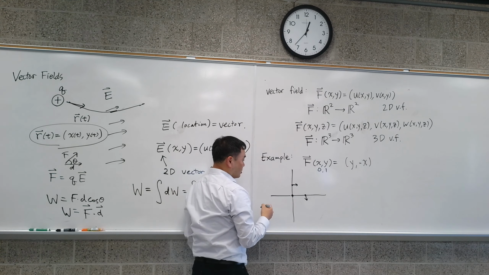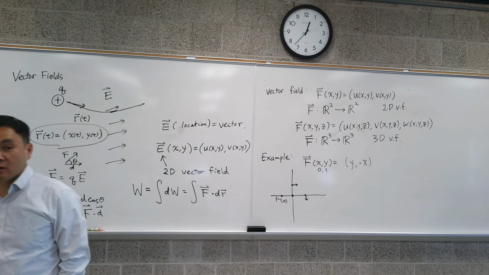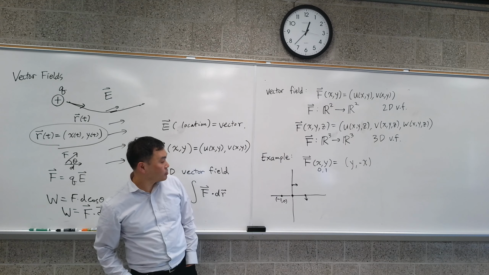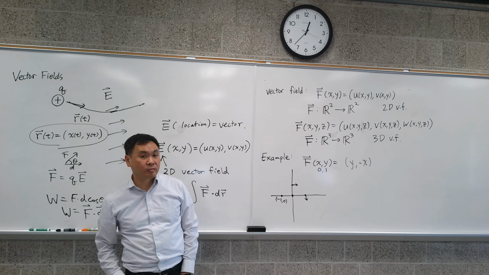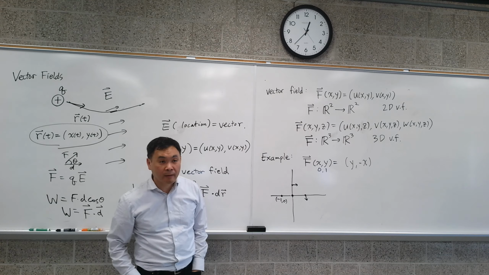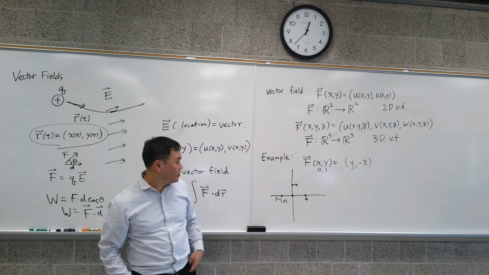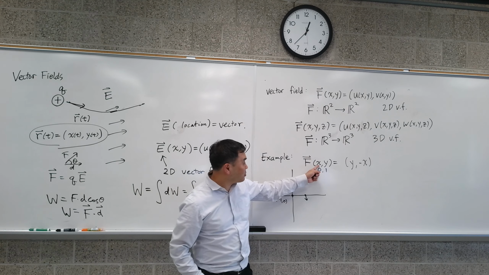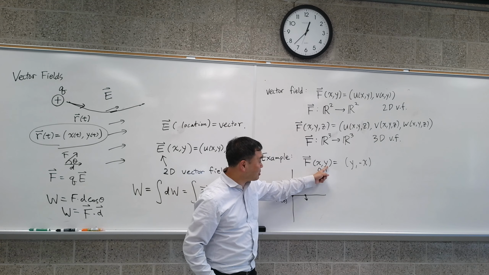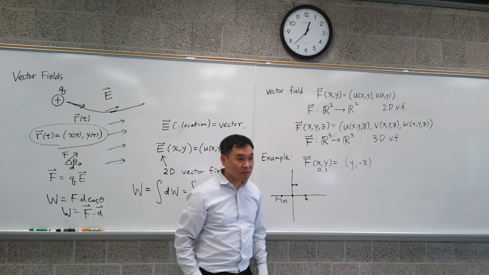Okay, so I'll give you a minute to think about what happens here. Negative 1, comma 0. Which direction will the vector be given? What do you get? At negative 1, comma 0, x becomes negative 1, y becomes 0, so the output is?